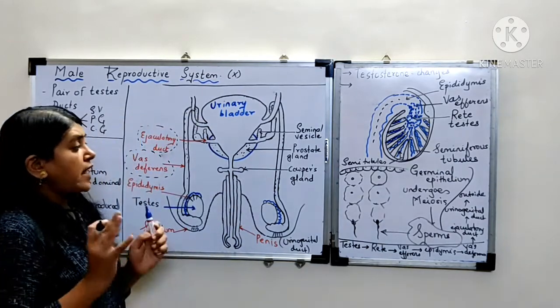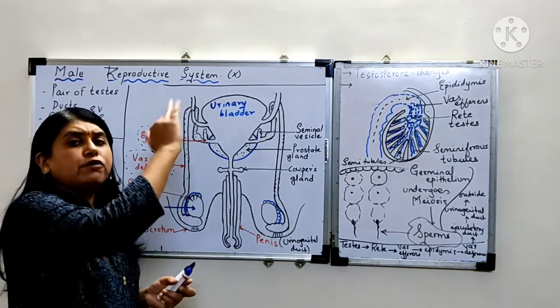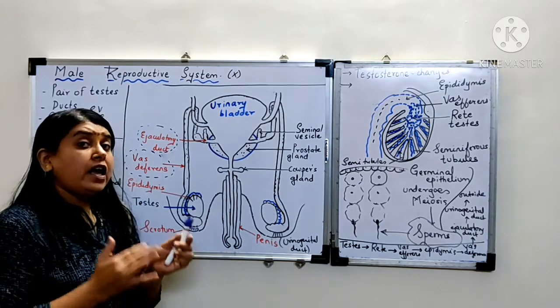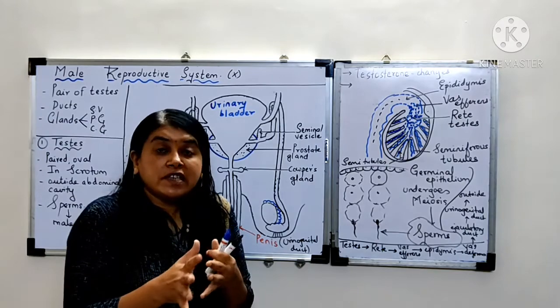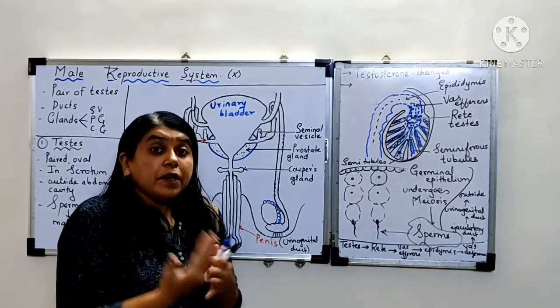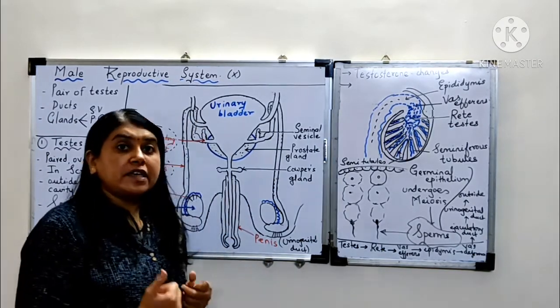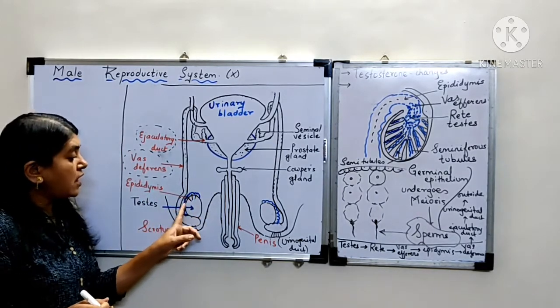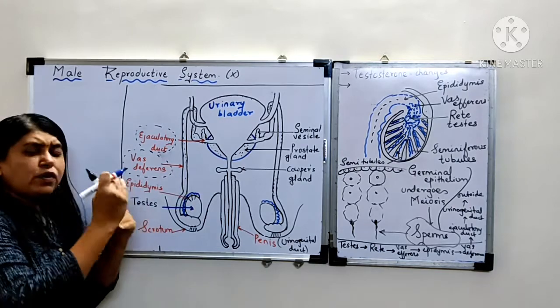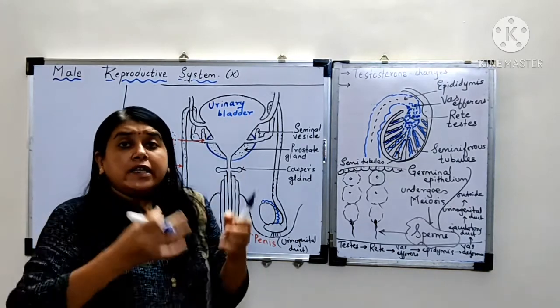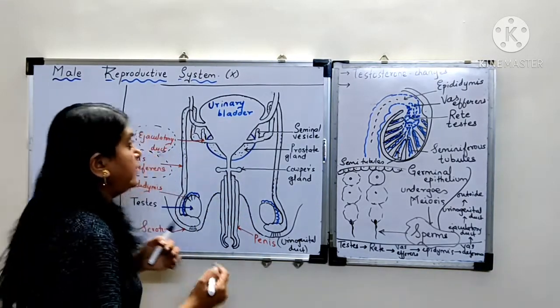Now, let us understand why the sperms have to travel so much and how they are moving through some secretion, or what is the purpose of the gland. Whenever the sperms are moving through these ducts, or moving from one organ to another, they get activated.